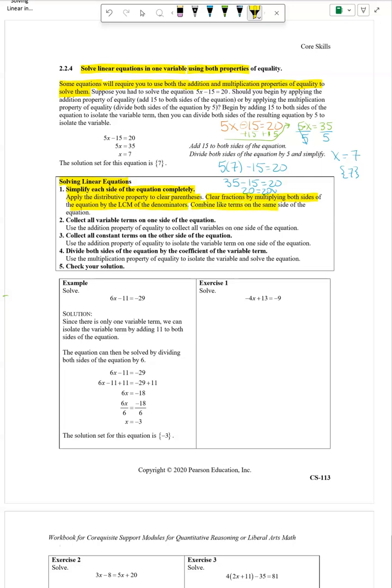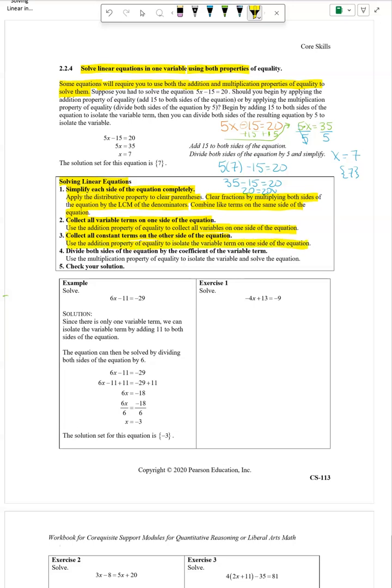Combine like terms on the same side. Collect all variable terms on one side using the addition property of equality, and all the constant terms on the other. Again, you use the addition property to do that.